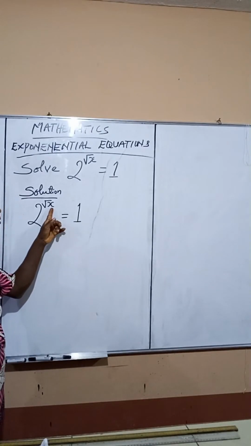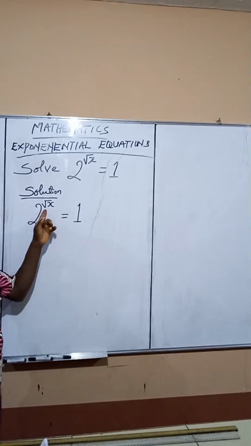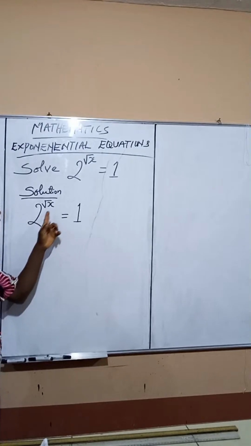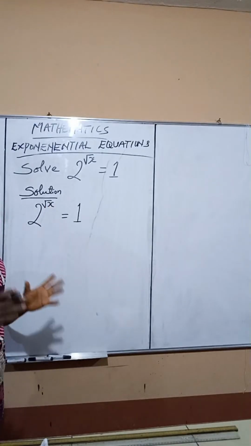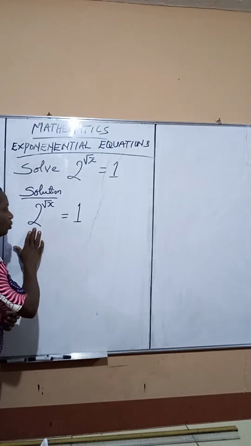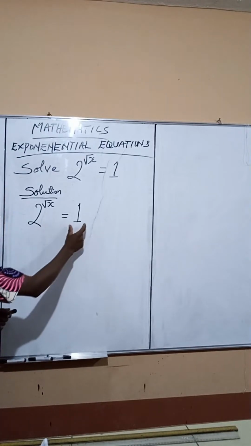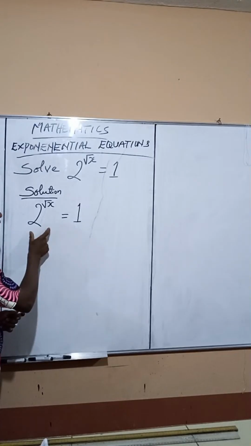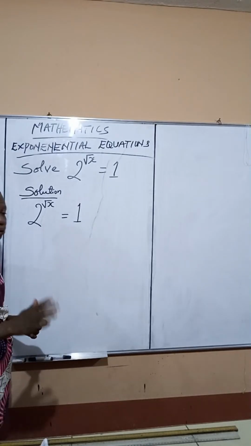We are to find the value of x, but x is a power of 2 and it has a square root. We are going to make the base equal on both sides. That's what we are going to do.